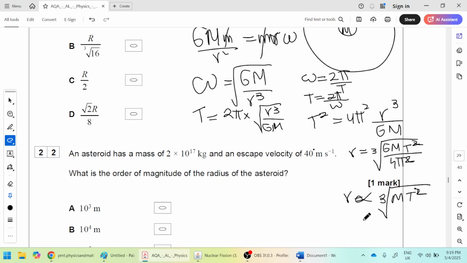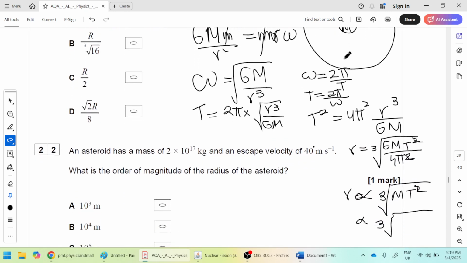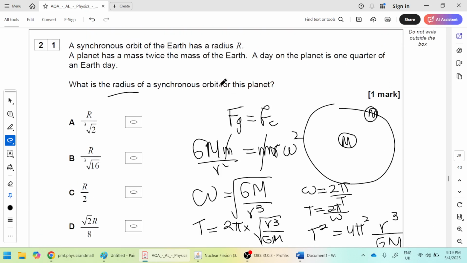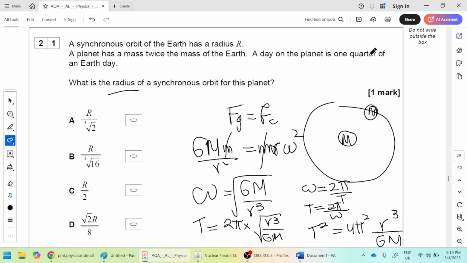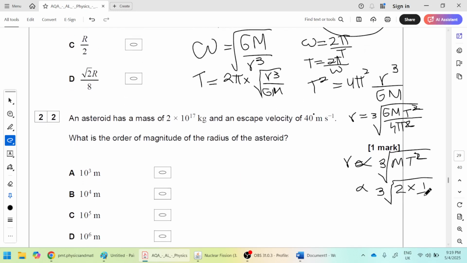That means whatever we do, double the mass and quarter the time. So I'm increasing by a factor of 2 here. Twice the mass, quarter of the time. The quarter is getting squared.